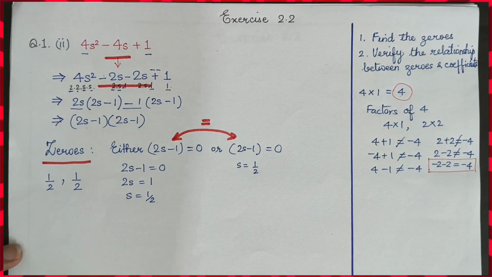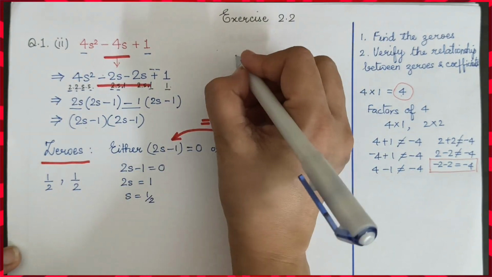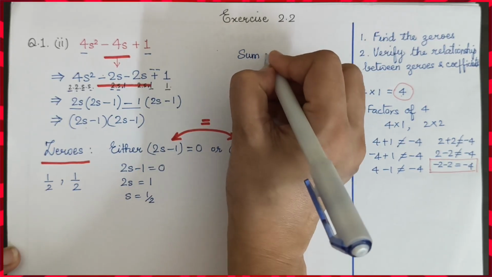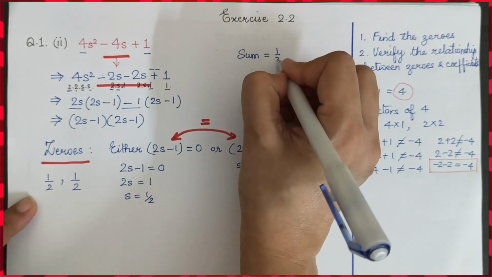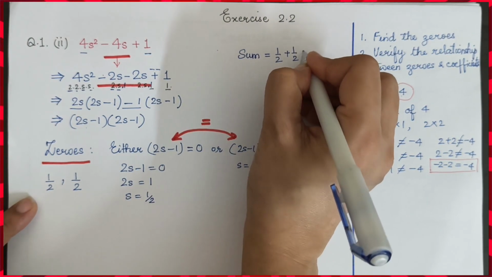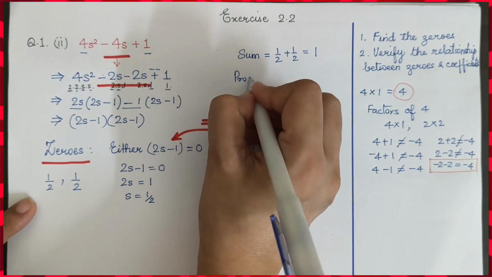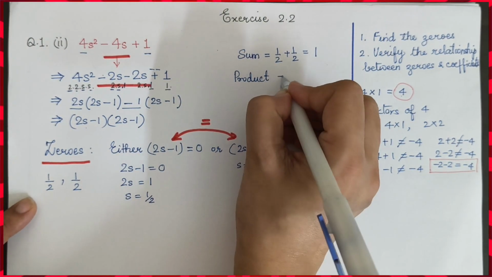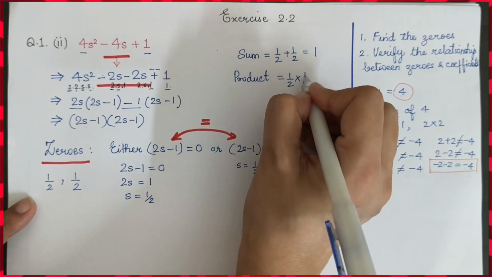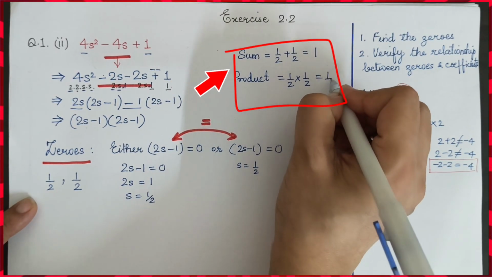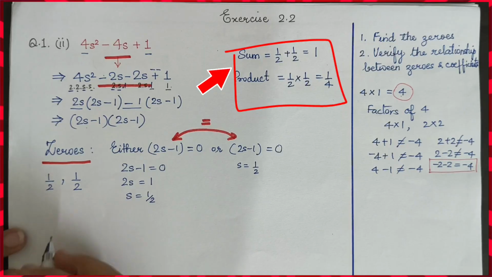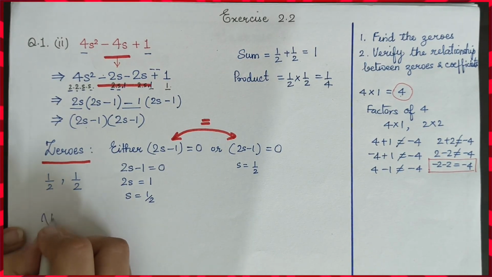Now we can find the sum and product using these zeros. 1 by 2 plus 1 by 2 is half plus half, which is equal to 1. Then the product is 1 by 2 multiplied by 1 by 2, so the product is 1 by 4. So here we got the sum and the product.